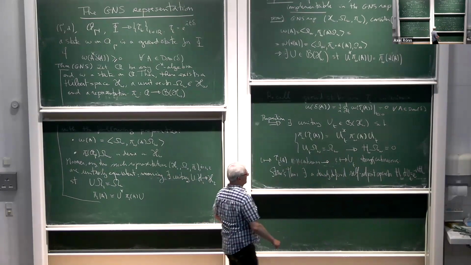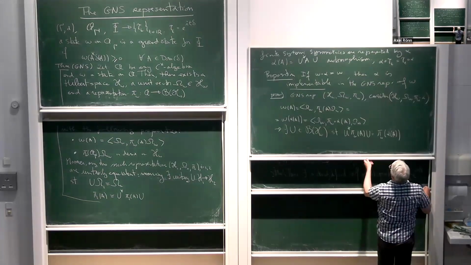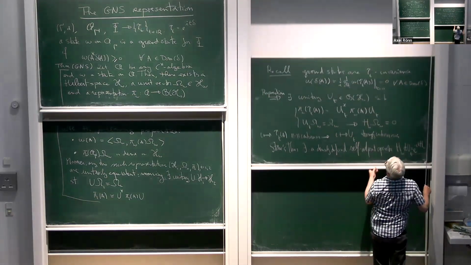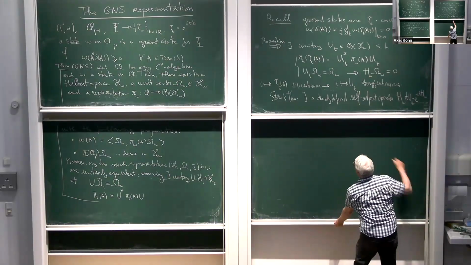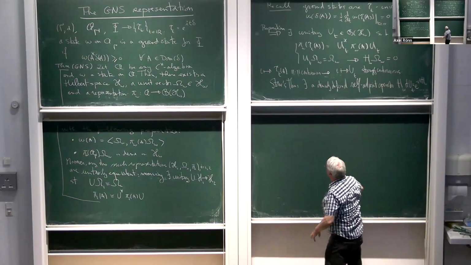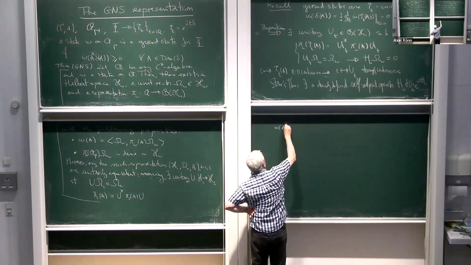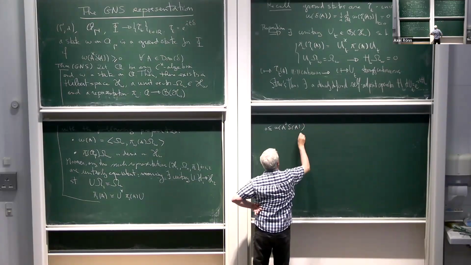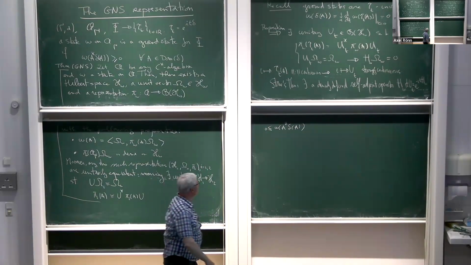And then the next thing I want to do is to look at the ground state property. Here I look at something of the form omega, A star delta A, of which I know is non-negative.